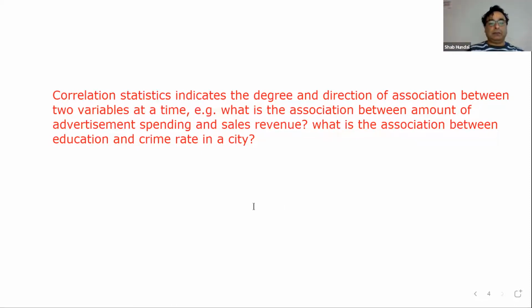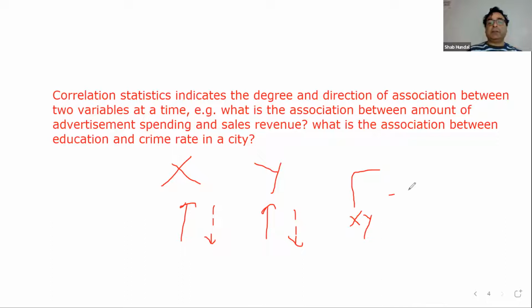When both variables X and Y are expected to rise together, or if they fall, again together, then their correlation, symbolized by R with subscript XY, is considered to be positive.